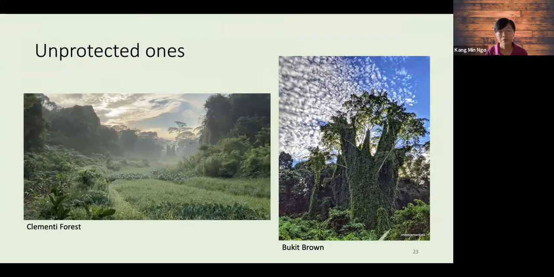There were some species of orchids, previously thought to be extinct, that were rediscovered in Clementi Forest. And also Bukit Brown on the right. It's still a cemetery, but it's still being threatened by roads and urban development. Bukit Brown is also a very beautiful secondary forest.